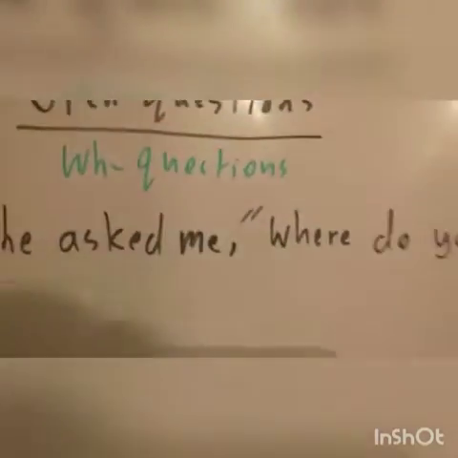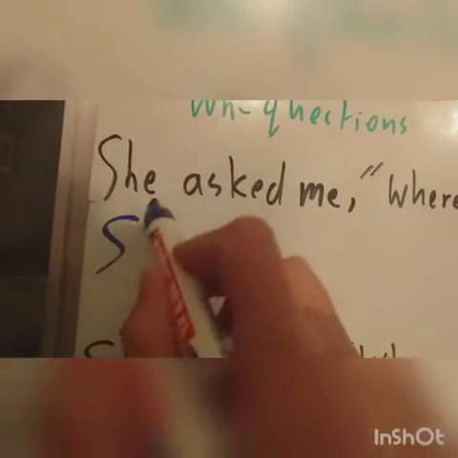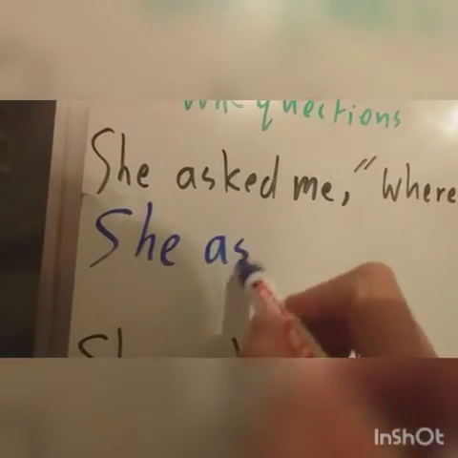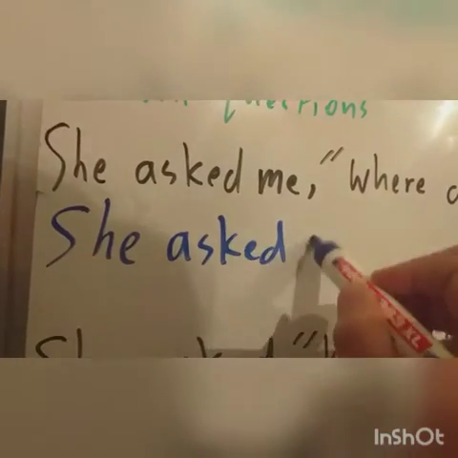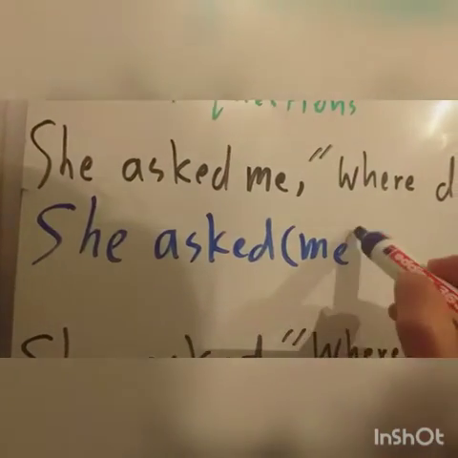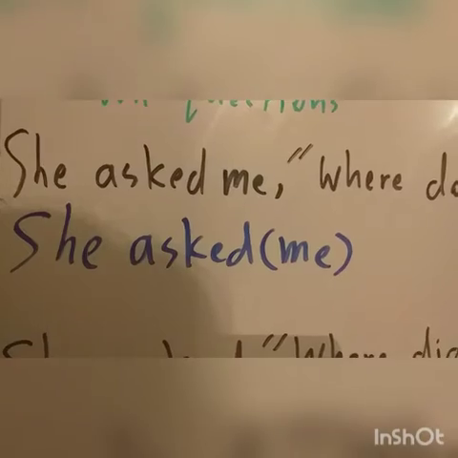When we report questions, we also start with the reporting verb. So she asked me. We can delete the personal object. We can omit it or you can leave it. It's your choice.